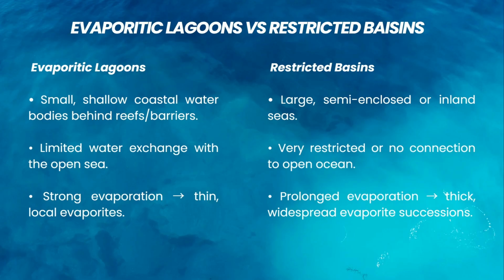They often have very restricted or no direct connection to the open ocean because of their size and longer-term isolation. Evaporation leads to the formation of thick, widespread evaporite successions. In short, lagoons create small-scale, local evaporites, while restricted basins generate large-scale and extensive evaporite deposits.